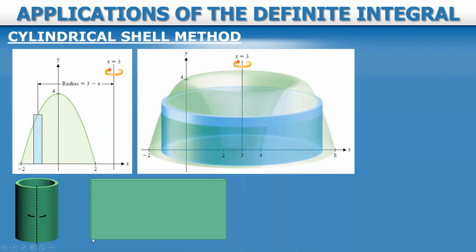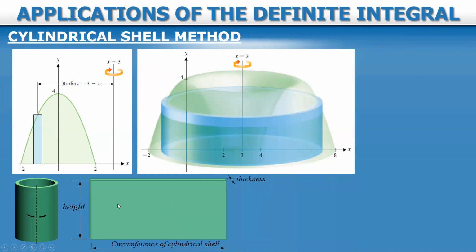The length of the cylindrical shell, which becomes a rectangular parallelepiped, is the circumference of the circle, and this one is the height, and then you have the thickness. The thickness is either dx or dy, depending on the cylindrical shell.